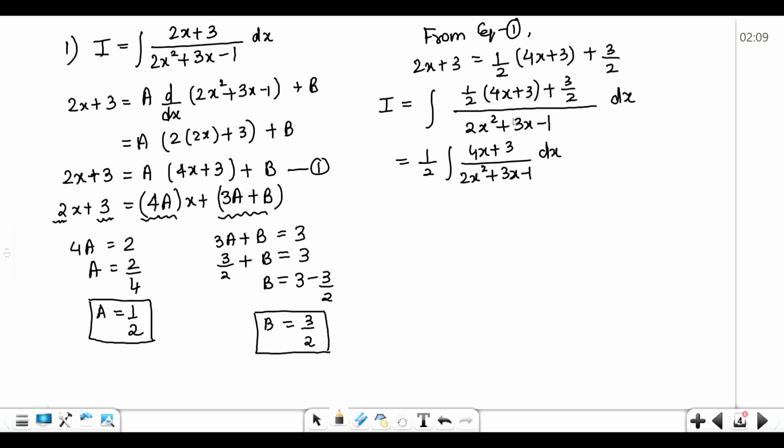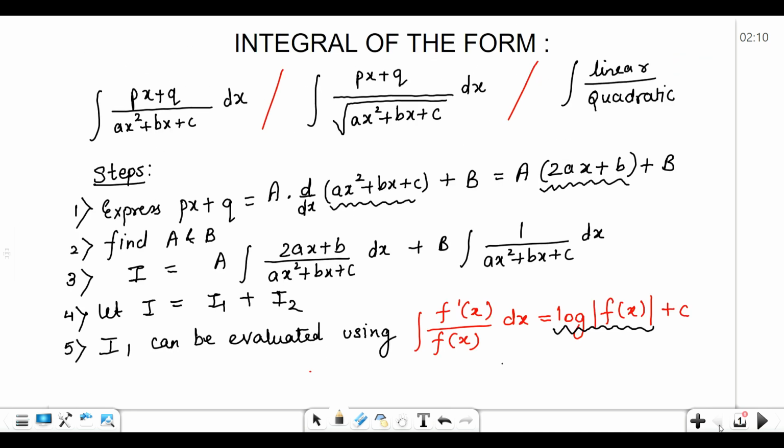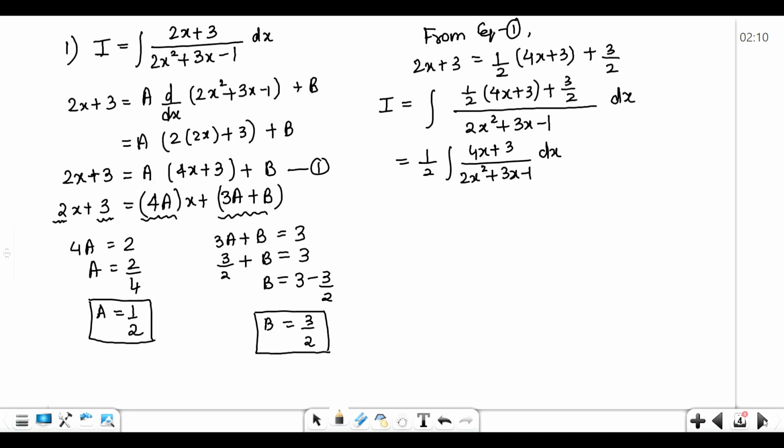So we are on step number 3. If you can see here, we have taken the a outside, integration, the derivative we have written upon the denominator, plus b times integration 1 upon this. So here it is, then 3 by 2 integration 1 upon 2x square plus 3x minus 1 dx.